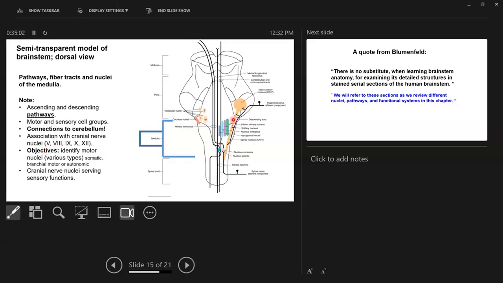We'll get to it in its own right. It has its own intricacies, so just note that trigeminal exists. We don't have to delve into it very deep, but we will be. So there will be several of these cranial nerve nuclei serving sensory functions. A really big one is trigeminal and some of our special sensory.